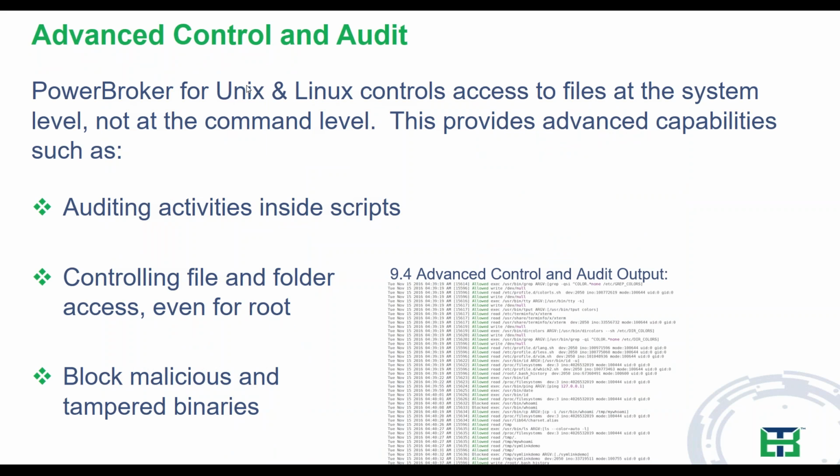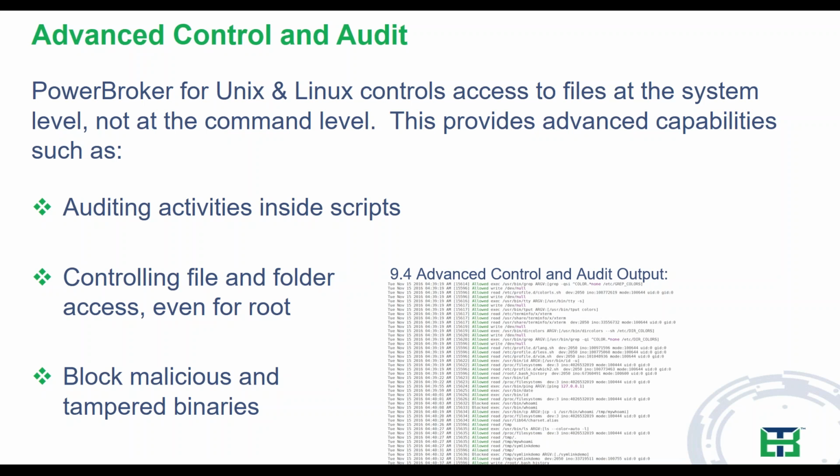Now, advanced control and audit, this is really getting below the level of the individual commands. You may grant the user the ability to run a specific script, for example, and that script may have hundreds of commands within it, accessing thousands of different files.